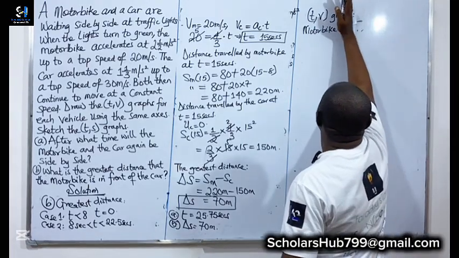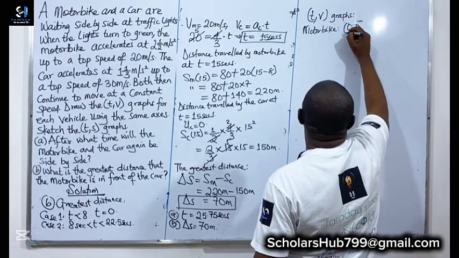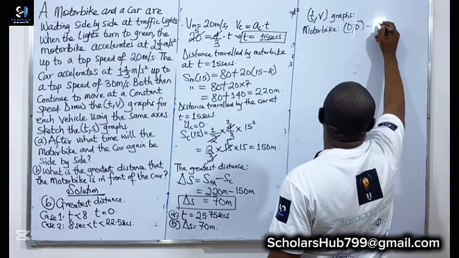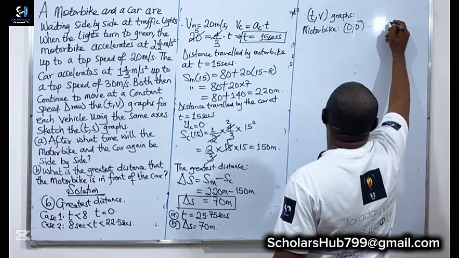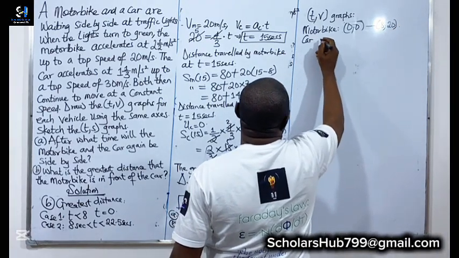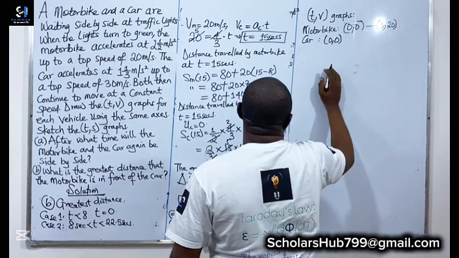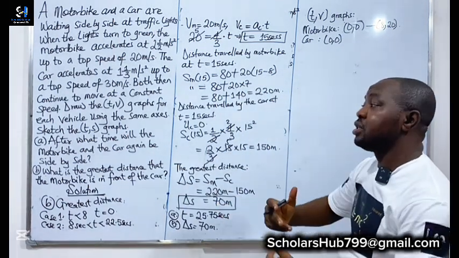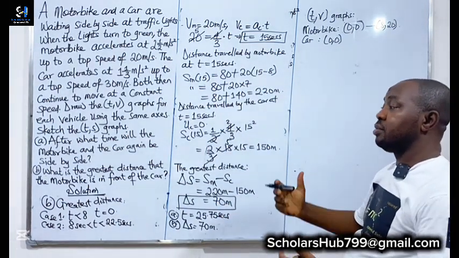So from the origin, 0, 0, to 8 seconds and 20. Then for the car, also from the origin, the VT graph is going to be a straight line graph because we are using the same axis.